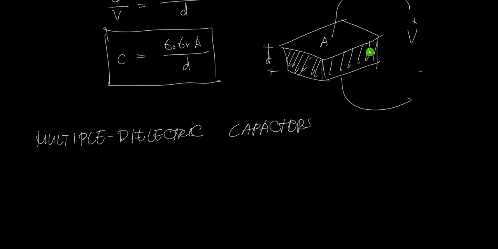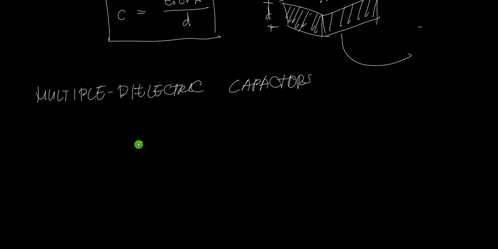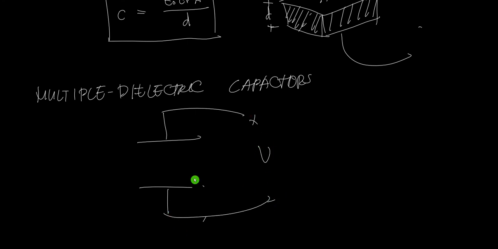So if I draw the cross-section, these are the plates, and I have here the positive and negative, with the voltage V, plus minus. Let's say we have two dielectrics. This is the first dielectric, which can be paper or mica or simply air, and we have another dielectric here.